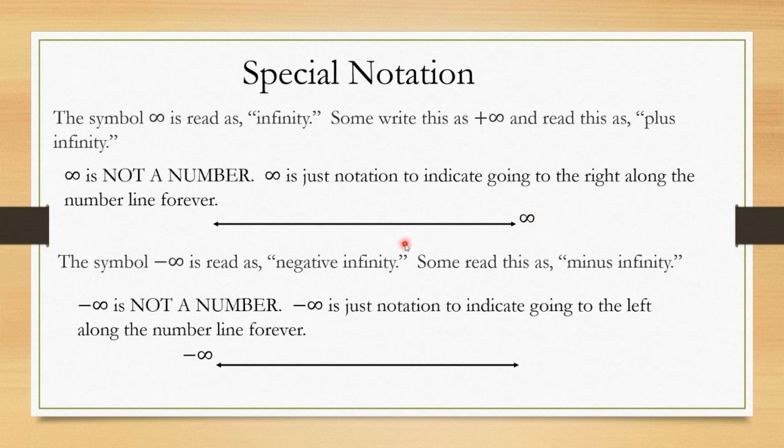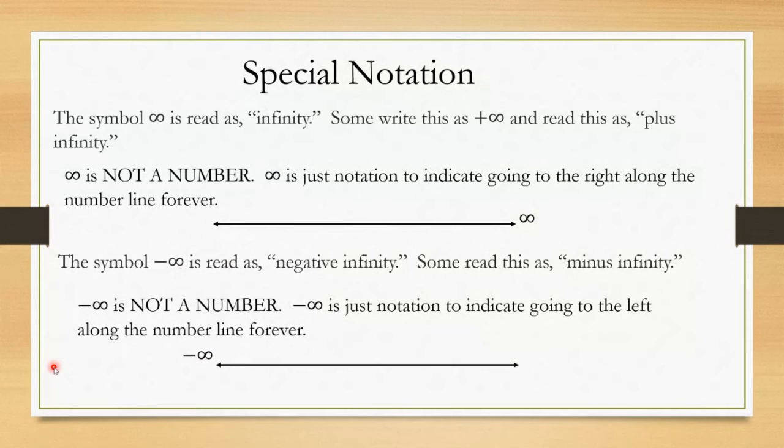On the other side, though, we have this, read as negative infinity or minus infinity. Again, it's not a number. It just indicates that you keep on going to the left, that is, you keep on getting smaller forever and ever. Or if you want, you can think of it as the end of the number line in the negative direction.